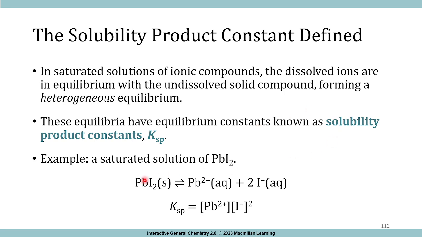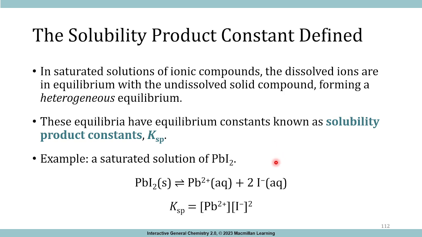So these are always going to have the solid on one side, and the solid is typically, by designation, put on the left side, the reactants. And then it's going to be in equilibrium, and it will be the dissociation of that solid. And so the dissociation of that solid typically breaks apart into the cation and anion for a salt, right?